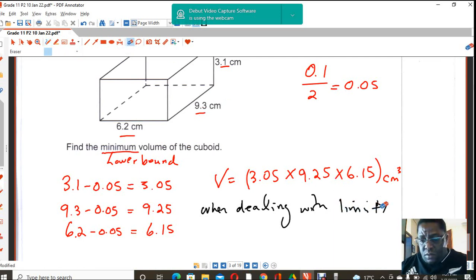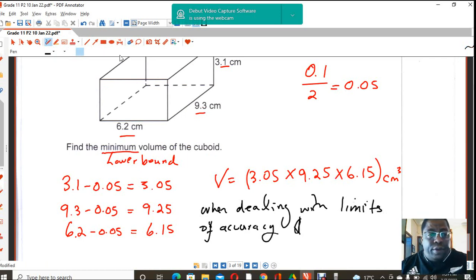Okay, maybe I didn't charge it up. Anyway, let's see how far we go. When you deal with limits of accuracy, yeah, it's one of those days, right? So we'll see how that goes.